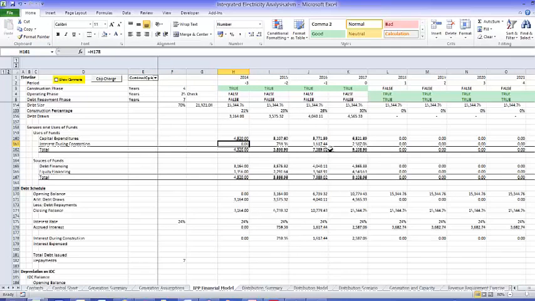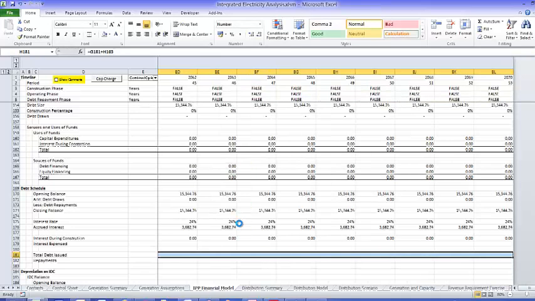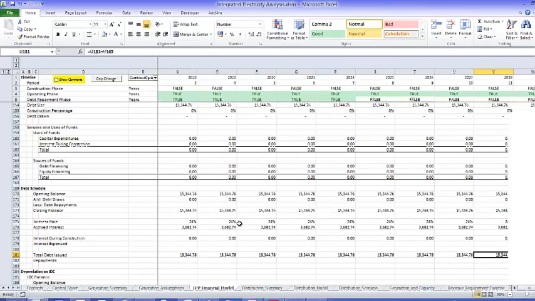So now we have some interest during construction. That will mean our final debt to total cost will not be 70%, by the way. Okay, now we can take the total debt issued just by accumulating all the debt draws. Okay, that's the total debt we have issued.